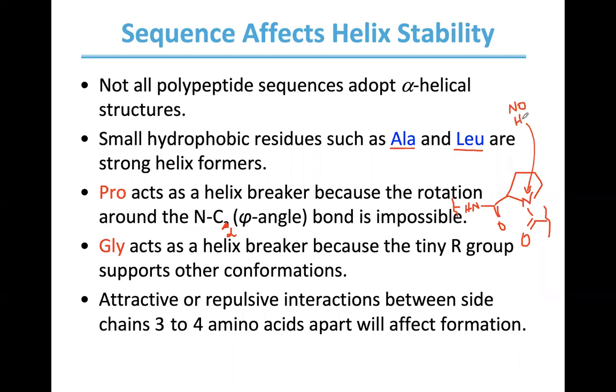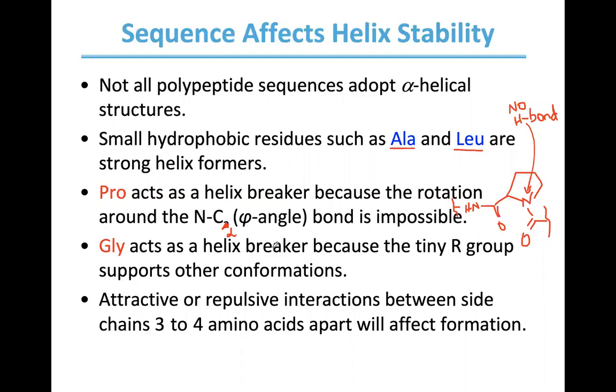No, because there is no hydrogen, there will be no hydrogen bond. And remember, it's the hydrogen bonding that keeps the alpha helix together. If you have too many prolines in a sequence, prolines will not be able to stabilize the alpha helix through hydrogen bonds because they don't have those.